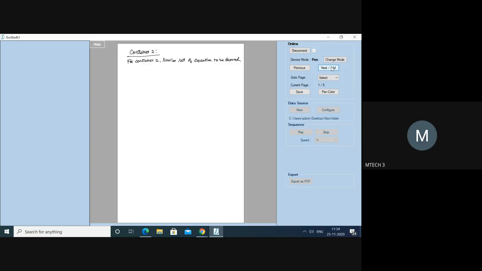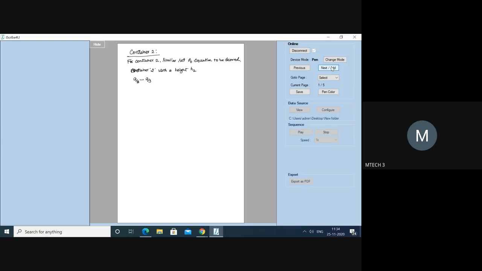Similarly, what have we done in the previous? Write down in a similar way. Container 2 with a height H2.